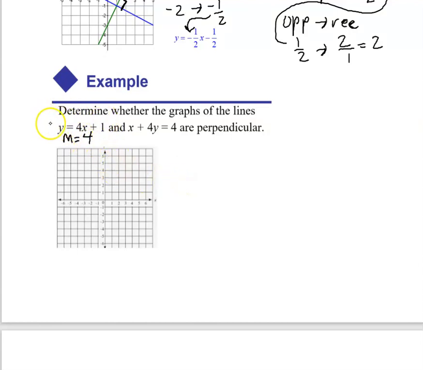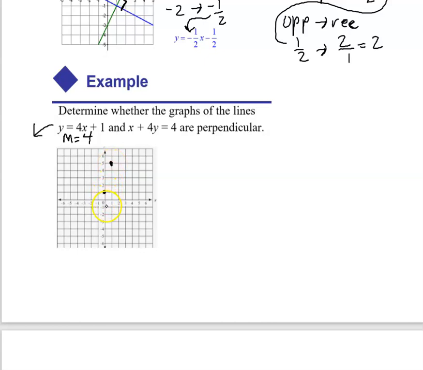If I wanted to graph this line, which they're asking me to do, I could go straight to my table because I could plug this in the calculator. Or I could know that I need to plot my y-intercept, which is at 1. And then remember my slope is 4, so I would go up 4 and over 1. So 1, 2, 3, 4, and over 1 to get to my next point.